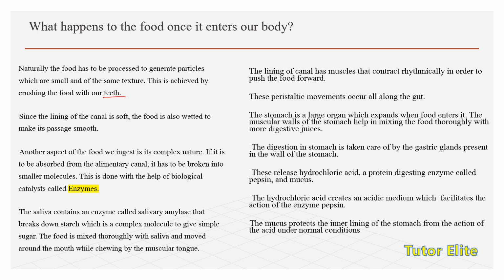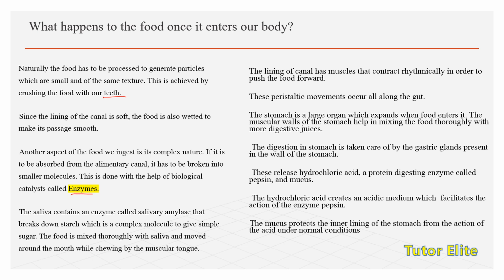See, when you chew the food with the help of your teeth, we all know that saliva is present in our mouth. Salivary glands secrete saliva, and in that saliva there are some enzymes present. Another aspect of food we ingest is its complex nature. If it is to be absorbed from the alimentary canal, it has to be broken down into smaller molecules. This is done with the help of biological catalysts called enzymes.